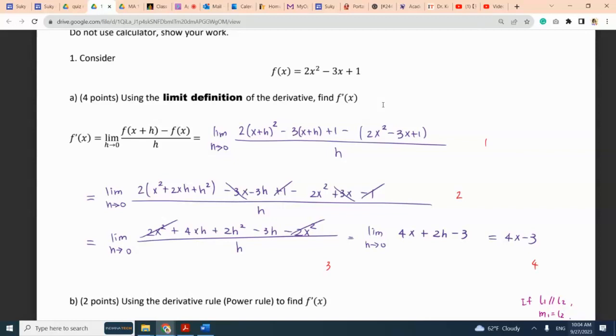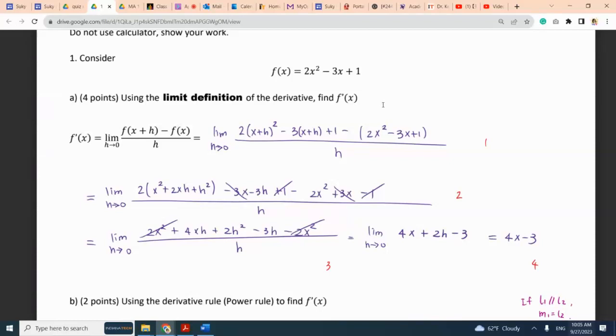And then you realize the 3x and negative 3x cancel. The 1 and the minus 1 cancel. And then the 2 here, we also need to distribute. So 2x squared plus 4xh plus 2h squared. And the 2x squared also cancels with the other 2x squared.